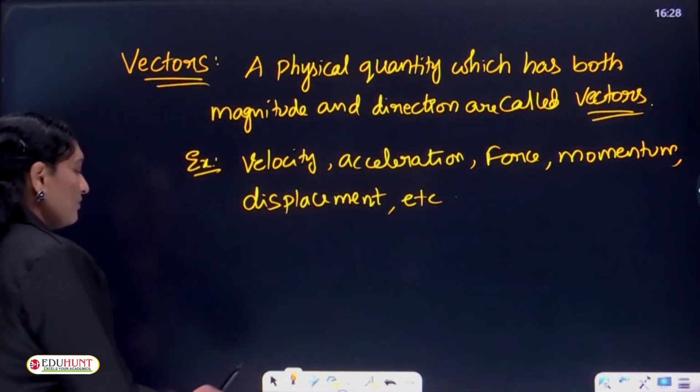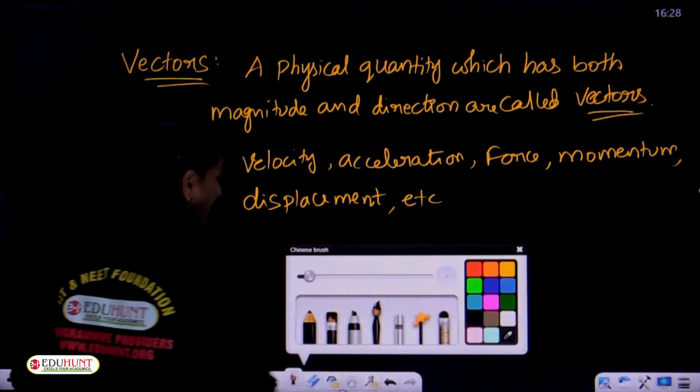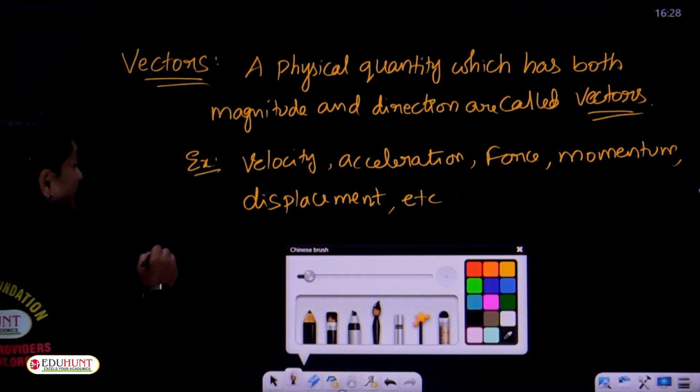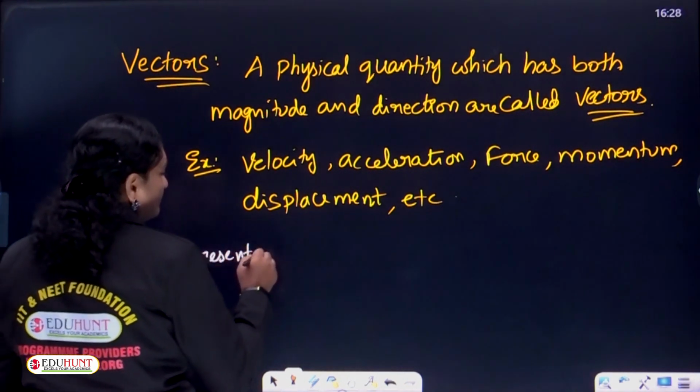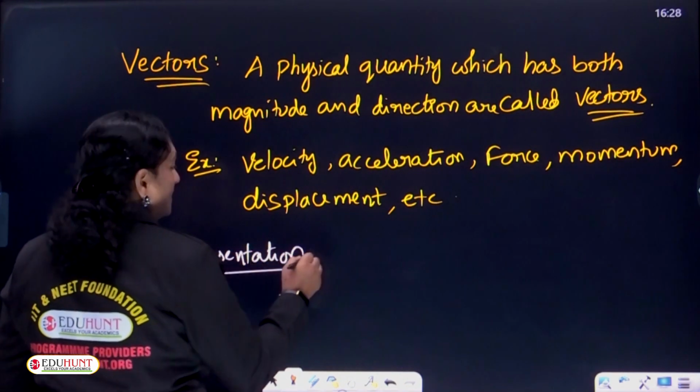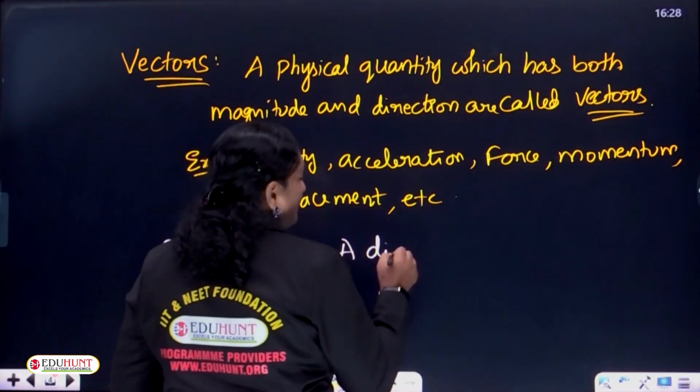So, how is a vector represented? A vector is represented by a directed line segment.